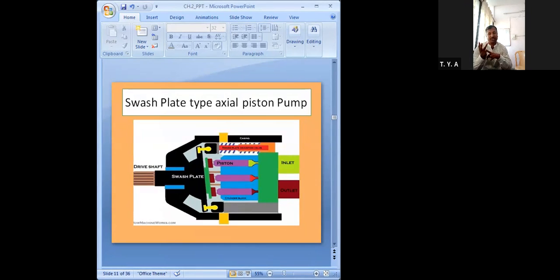Its range is 70 bar to 1400 bar. Up to that range, these piston pumps are capable. In addition, these pumps can operate at speeds over 2000 RPM, so please keep in mind this positive point.